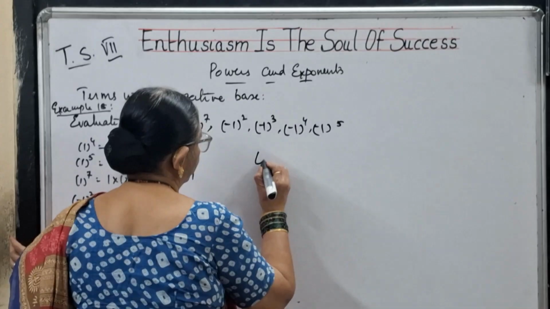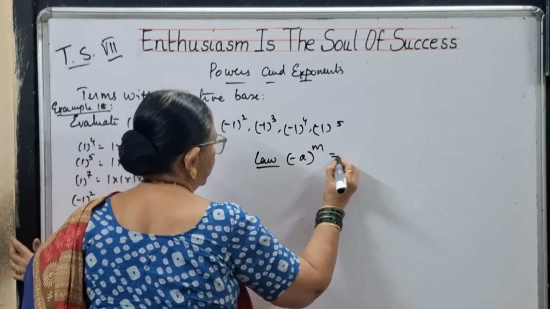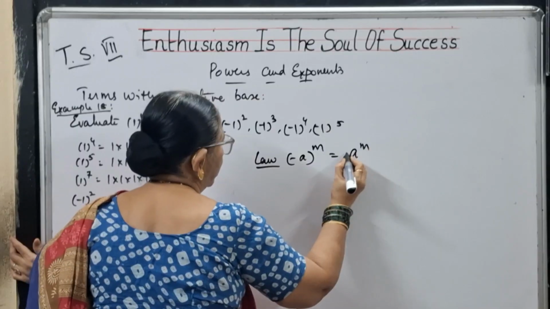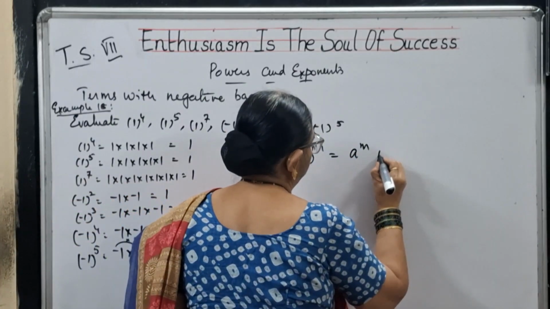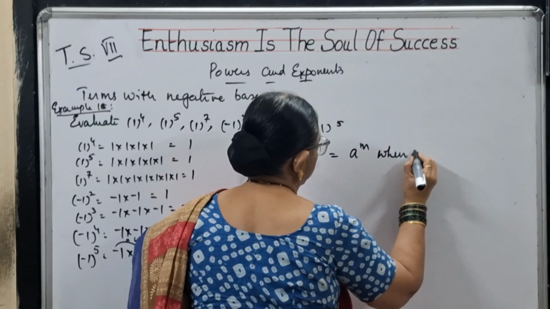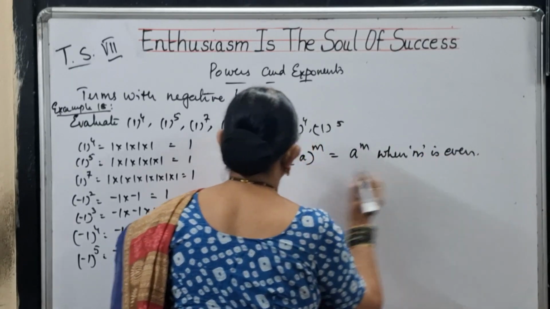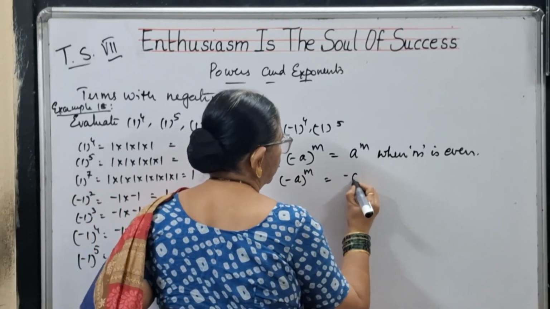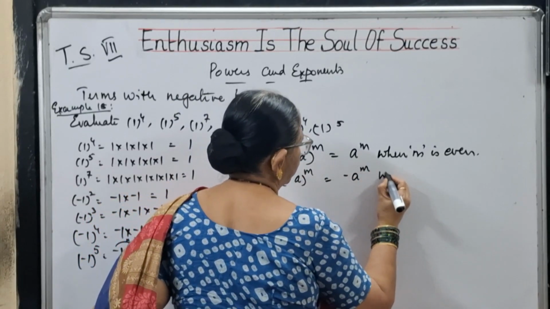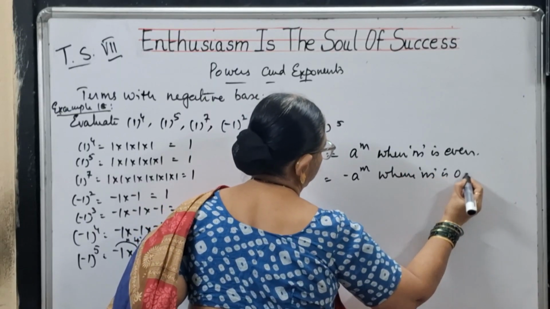What is the law? Therefore, minus a whole to the power of m is equal to a to the power of m when m is even. Minus a whole to the power of m is equal to minus a to the power of m when m is odd.